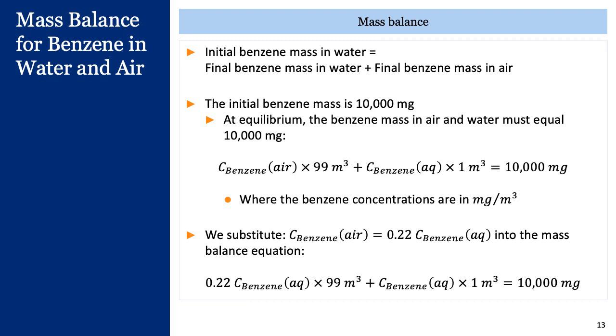We can put this relationship in the equation above and solve this mass balance equation for C benzene. So we have 0.22 times C benzene aqueous times 99 cubic meters, plus C benzene aqueous times 1 cubic meter, equal to 10,000 milligrams.